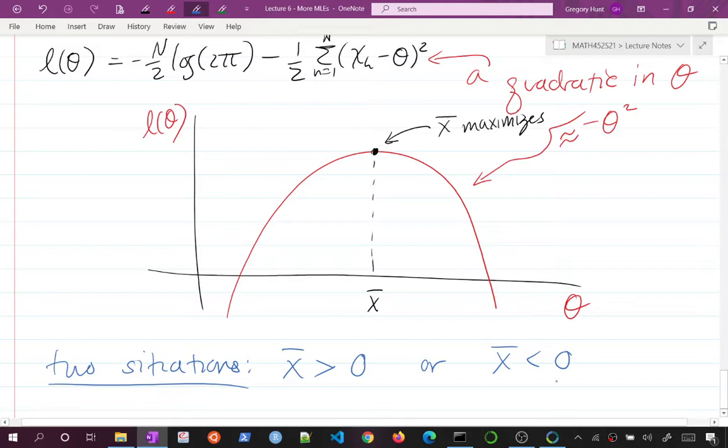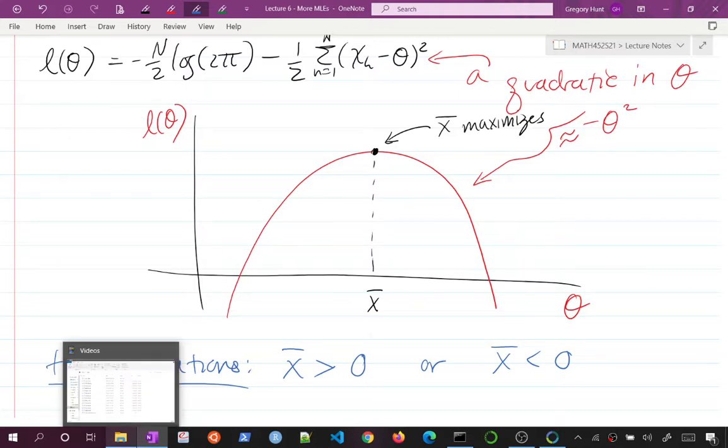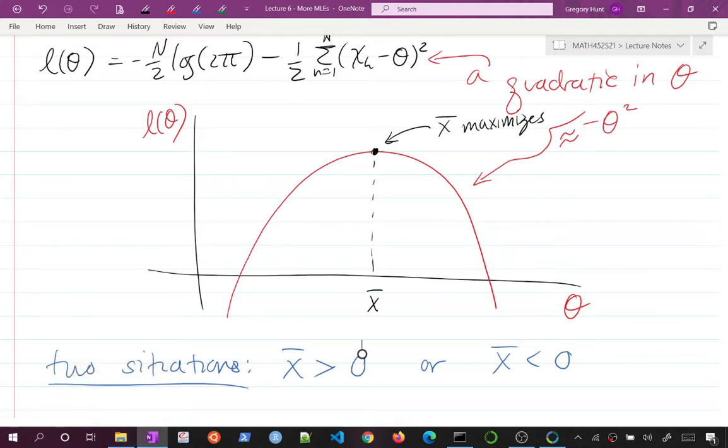This is the nice thing about doing probability: the probability x bar is equal to 0 is actually 0. Who cares? So I can always be sloppy with this kind of thing, right? Okay, so we have these two situations, which basically correspond to one, the 0 point is there, so x bar is less than 0, or two, the 0 point is there.